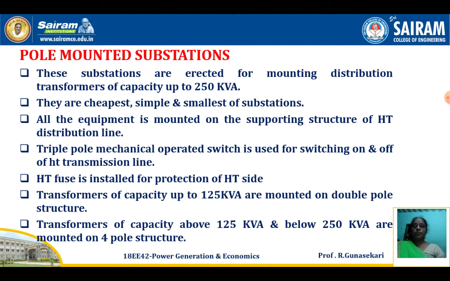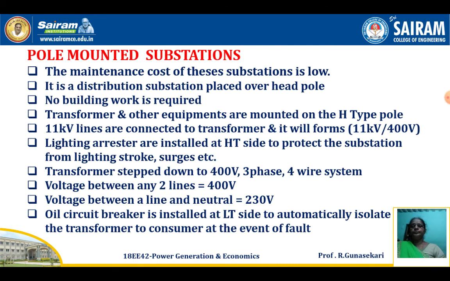For transformer capacity above 125 kVA but below 250 kVA, because the maximum rating in a pole mounted substation is 250 kVA, we can use the 4 pole structure. This is a very important key point. Up to 125 kVA, double pole structure is used; above 125 kVA and below 250 kVA, 4 pole structure is used.